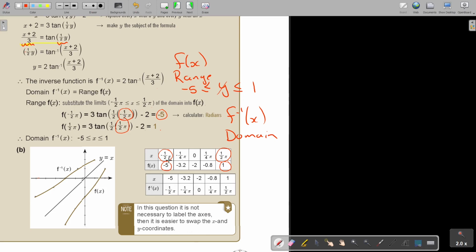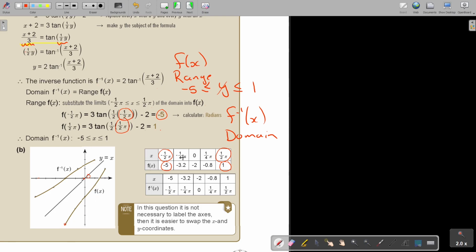This is f(x), but this is 0. They cannot change. So if I'm going from 0, there is negative a quarter pi, and then negative a half pi. And I go down, negative 1, negative 2, negative 3, negative 4, negative 5. So I still make my 1 centimeter blocks.